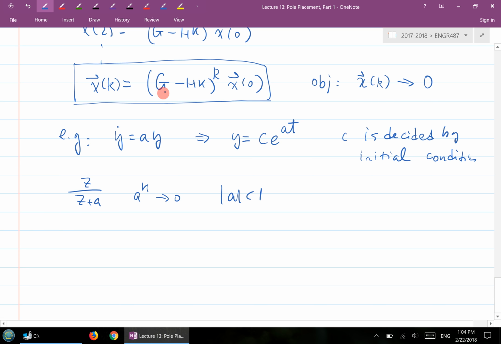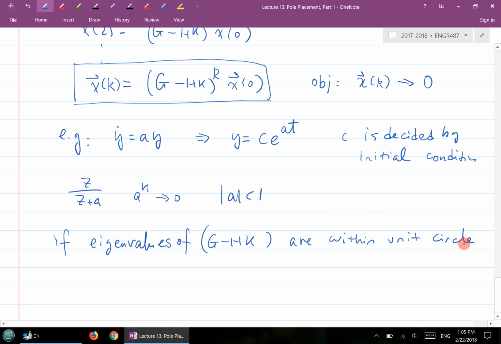If this is not a single dimension, then what we really want is, if the eigenvalues of g minus hk are within the unit circle, then this (g minus hk) to the power of k will go back to 0, as small k goes to infinity.